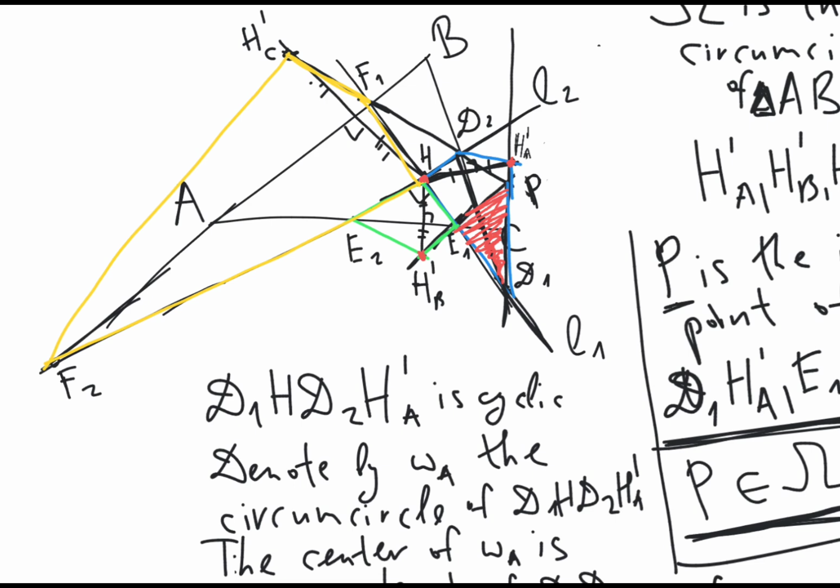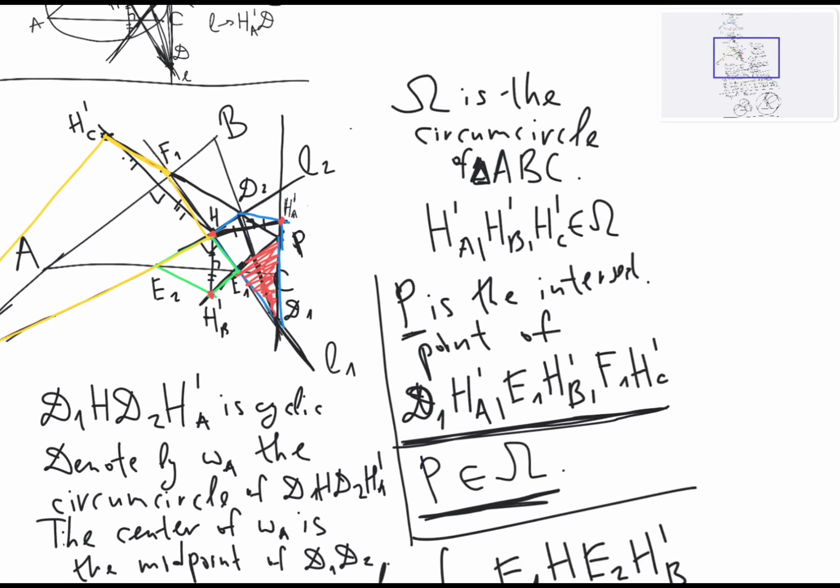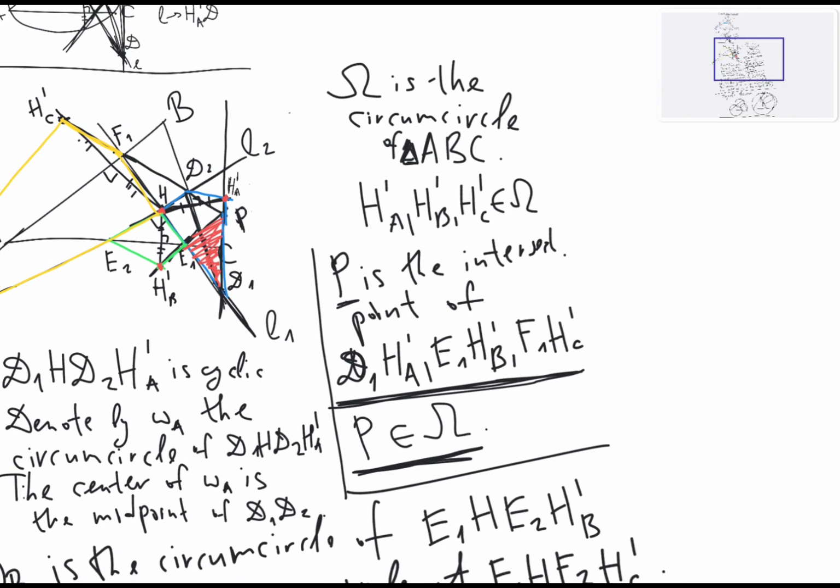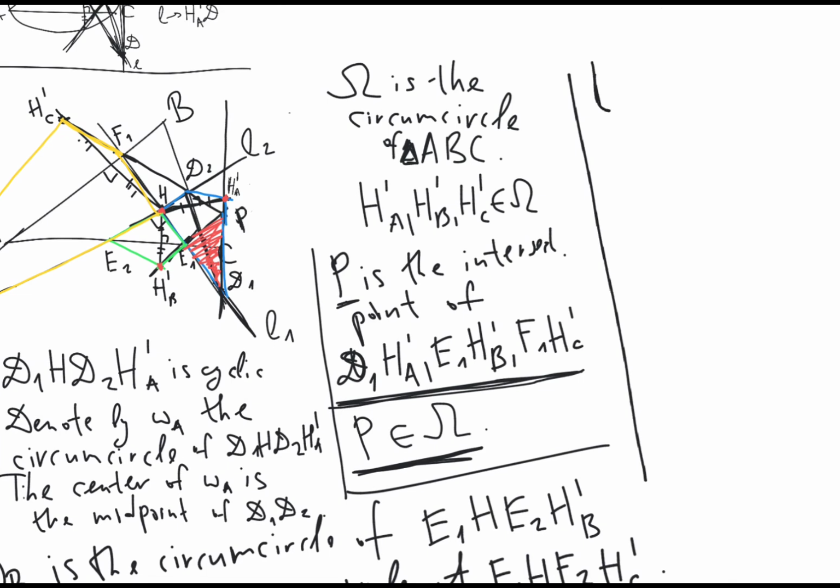So from this Miquel theorem we conclude that, let's write this carefully, the circumcircles of these three triangles must intersect at a single point.